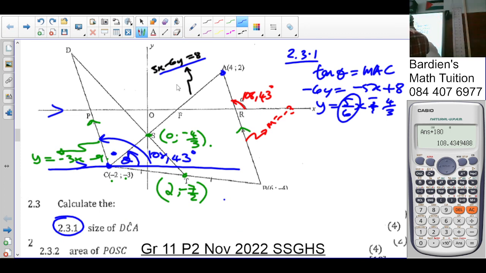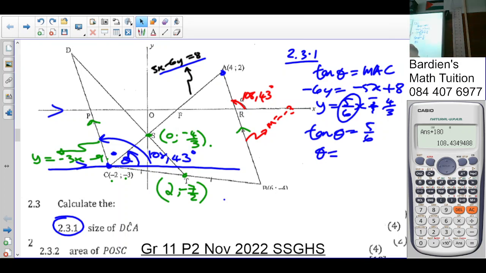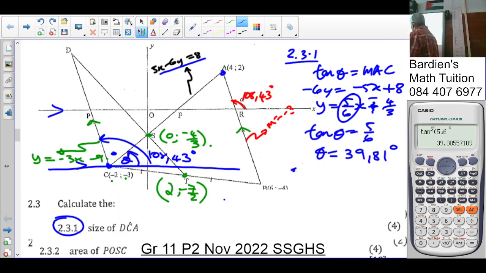So we say tan of theta equals 5 over 6. So theta is equal to arctan of 5 over 6. It gives me an answer of 39.81 degrees.